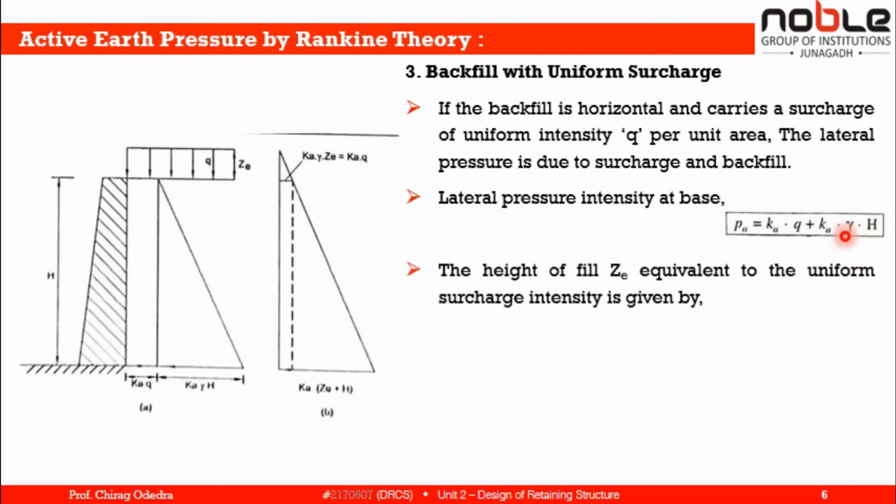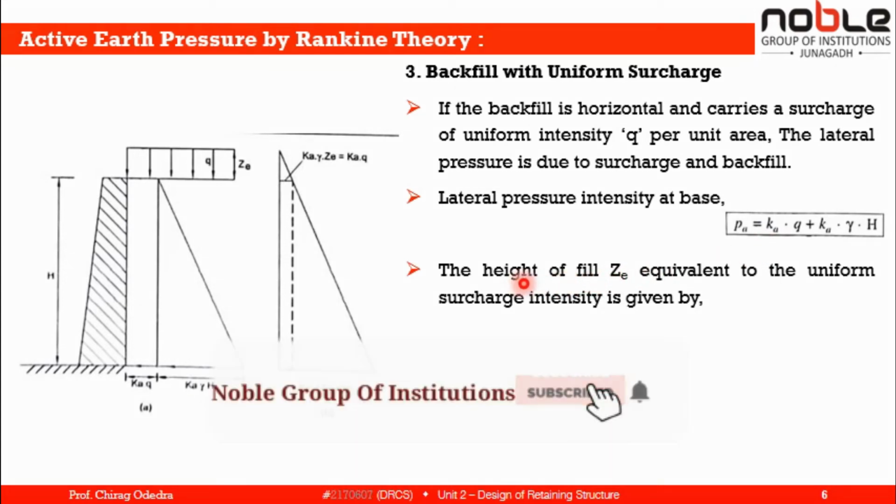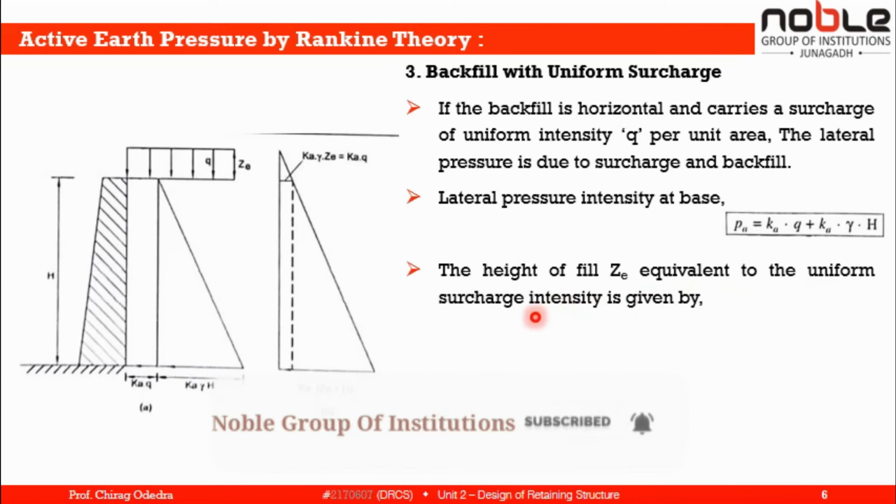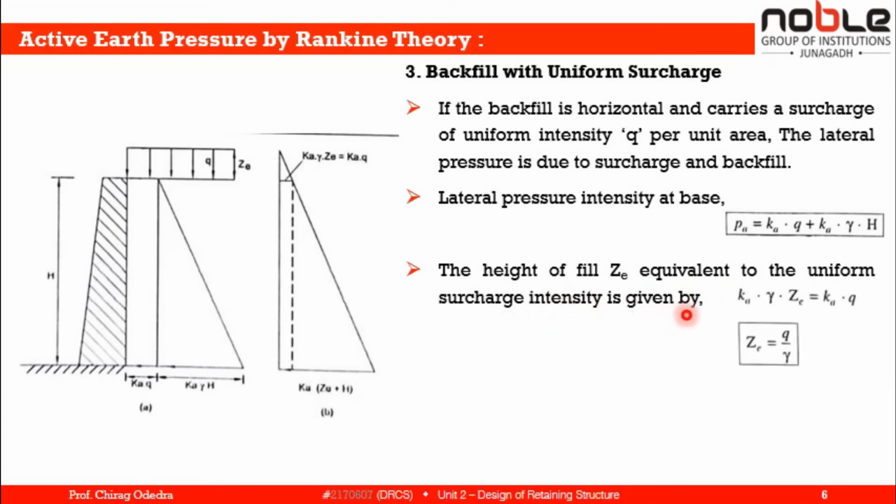So if we want to convert this surcharge into an equivalent height of the fill ZE, then the height of the fill ZE equivalent to the uniform surcharge intensity is given by equating these both values, that is K into Q is equal to K into gamma into ZE.